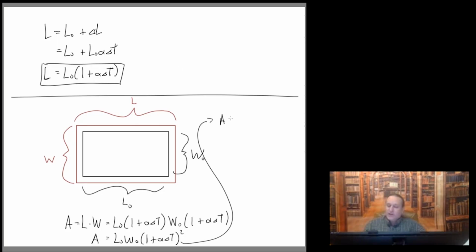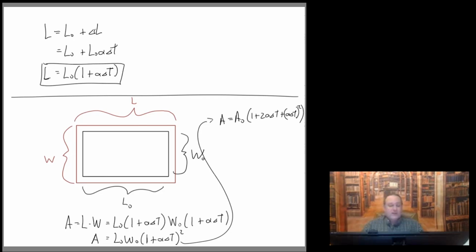So that means the area is equal to the initial area times, if we FOIL this out, we get 1 plus 2 alpha delta T plus alpha delta T squared. Now, customarily, because alpha is typically a very small number, like a 10 to the minus 5 or 10 to the minus 6 kind of number, alpha times delta T is usually still a small number, unless the delta T is in the thousands of degrees or tens of thousands.